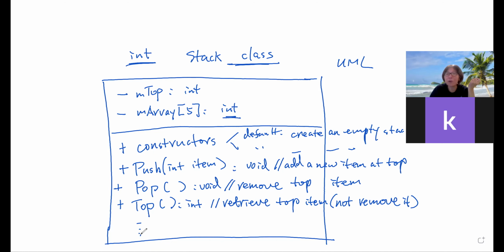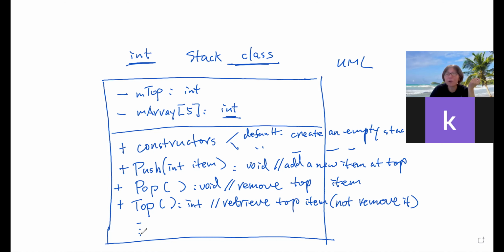So that's regarding the concept of stack and its implementation using an array. Next, let's take a look at how our coding looks like. Hold on, I need to find my Java code.